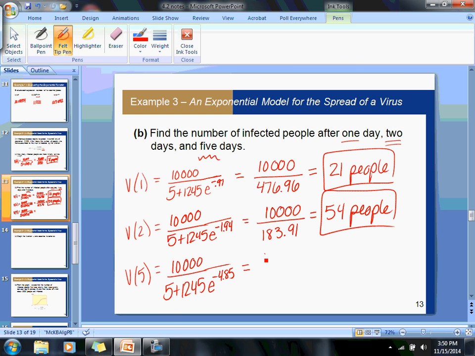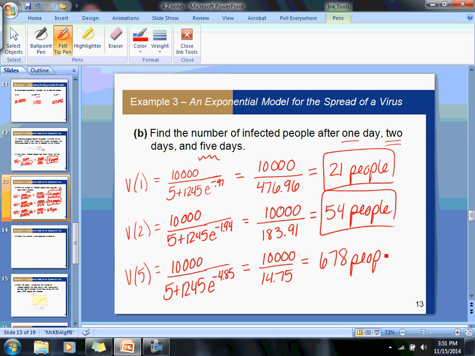And then do the 10,000 divided by, in this case, 14.75. Now notice that our denominator is getting significantly smaller even as the value that we're substituting in just increases from 1 to 5. Look how much smaller that value got. That's the power of e that you're seeing. So when we divide here, we get 678 people.